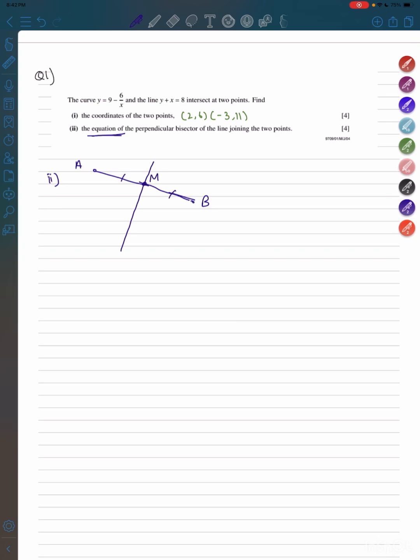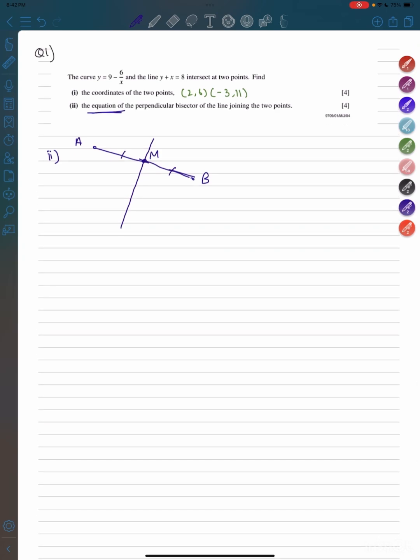So I can apply the formula of the midpoint, which is x1 plus x2 over 2, comma, y1 plus y2 over 2. 2 plus negative 3 over 2, 6 plus 11 over 2. That's going to be negative 0.5 and 8.5. This is the coordinate of our midpoint.